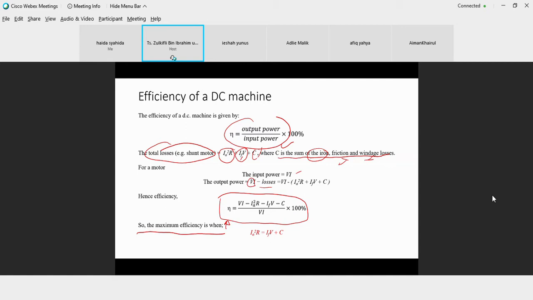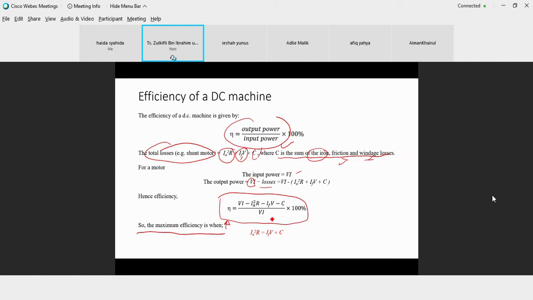So what does it mean? When you have this, if we substitute back, the losses you have is only when I square R is equal to I_F V. So this is the maximum efficiency.